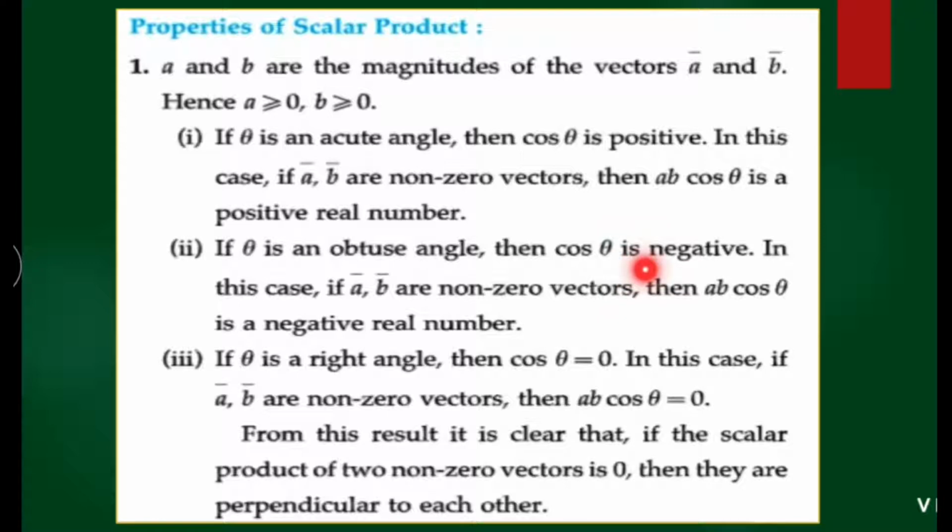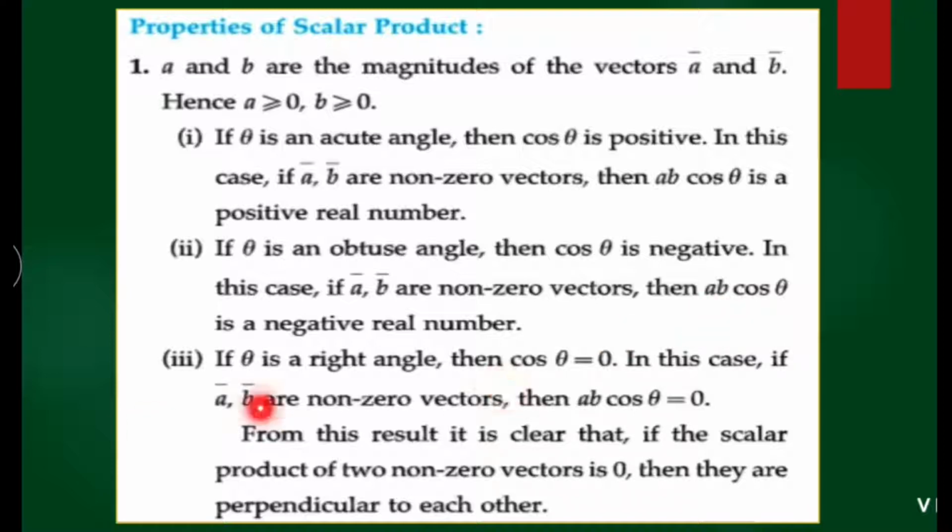If you observe, in the first quadrant cos is positive, in the second quadrant cos is negative. So from that also you can remember this concept. If A bar and B bar are non-zero vectors, then AB cos theta is a negative real number. So when the angle is greater than 90 degrees, that is an obtuse angle, then the value of the dot product of vectors A and B is always negative.